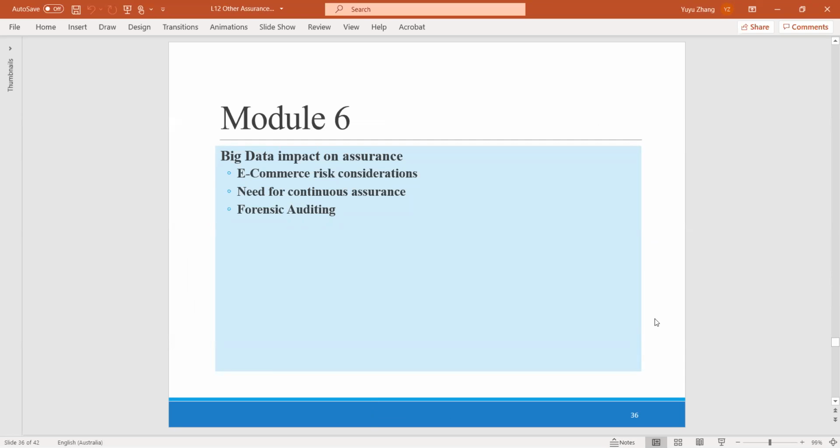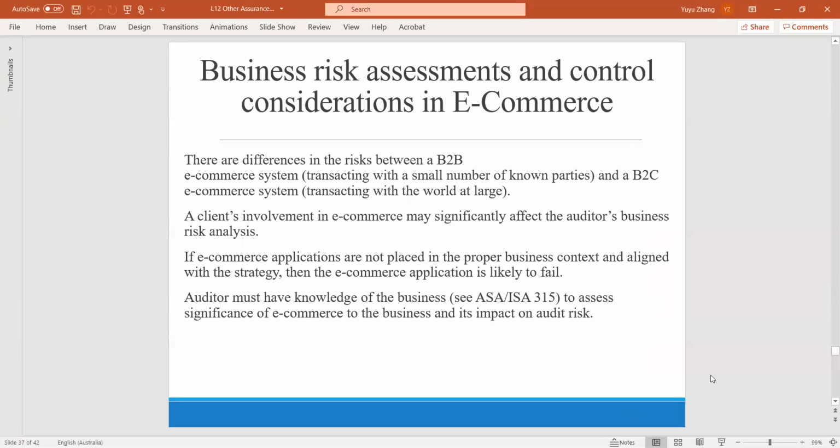Okay, Module 6. We are about to finish this part, right? Module 6 is about the big data impact on the assurance. The first thing is about the current e-business environment. In the e-business environment, all of us could feel, especially during this COVID-19 period, we are more relying on e-business, right?